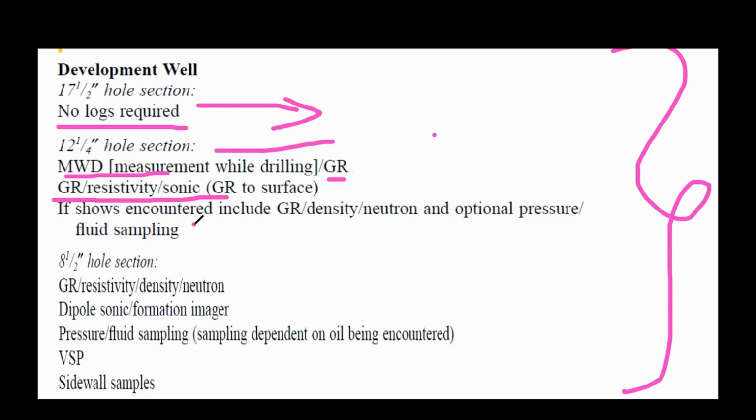If it is of our interest and we want fluid sampling, we can go. Otherwise, no need. If it is the 8.5 inch hole section, gamma, resistivity, density, neutron, dipole sonic, formation imager, pressure, VSP, and sidewall samplings. So these are the things done for your development wells.